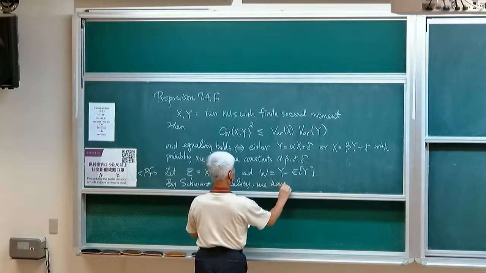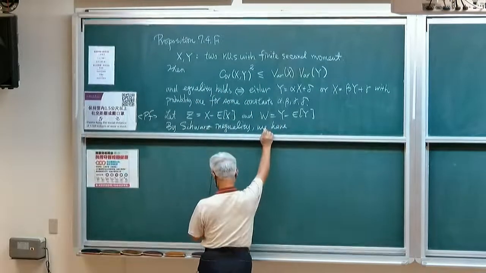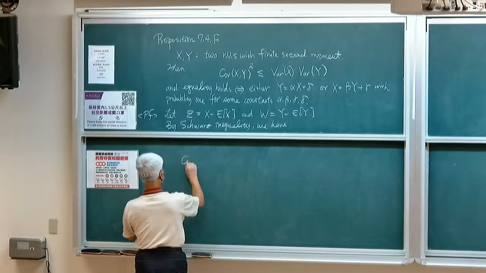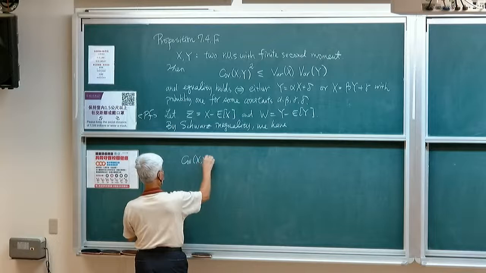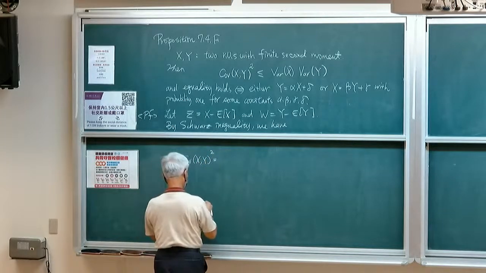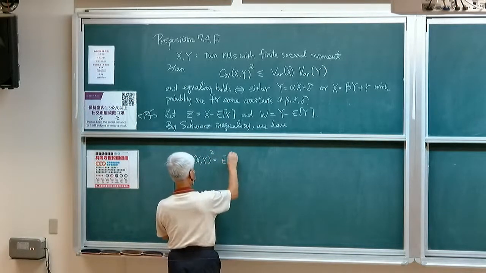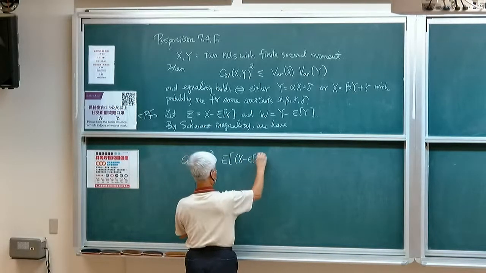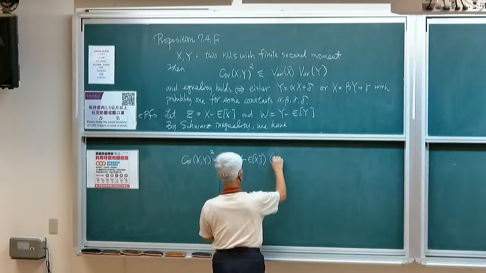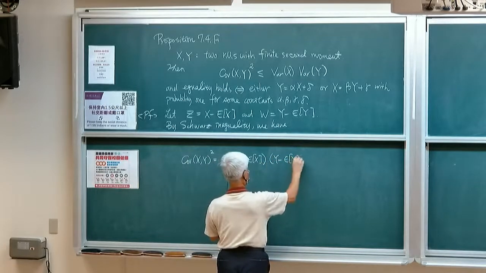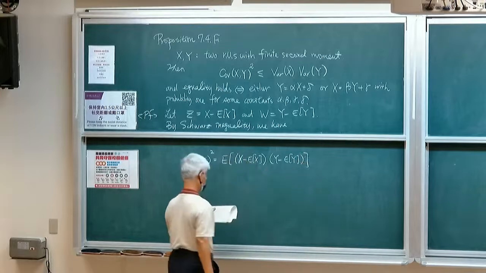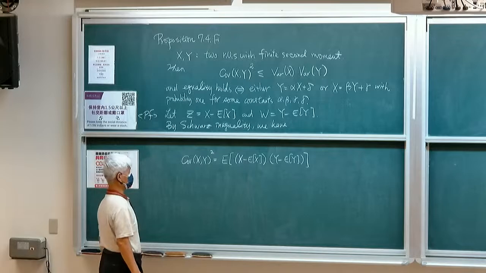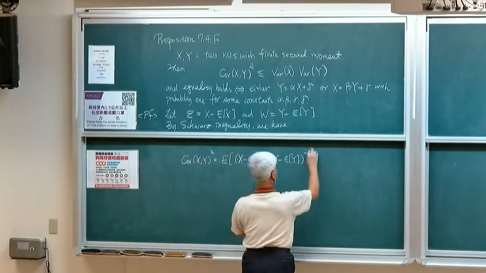we have that the covariance of X and Y squared, which is the expectation of X minus expectation of X, times Y minus expectation of Y, that is the definition of covariance, and we take the square.